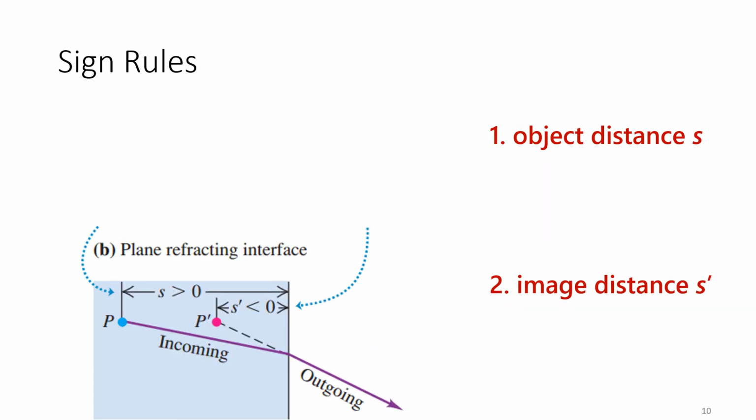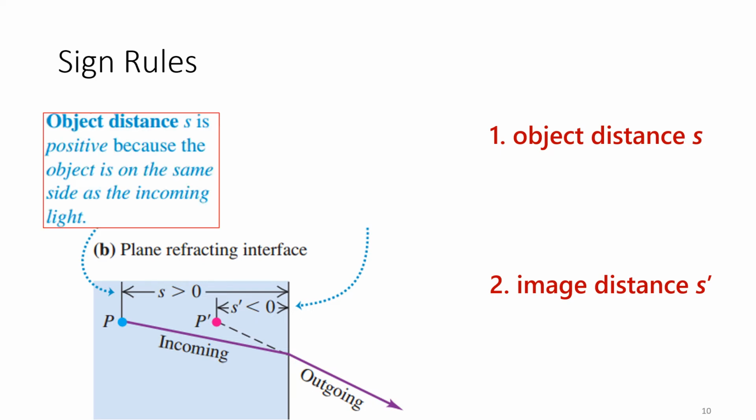Let's have a second example. We're going to have the object coming from a material with a higher n to a lower n. So think water to air. Object distance would be positive since S and incoming rays would be on the same side. Again, we usually set object distance to always be positive.